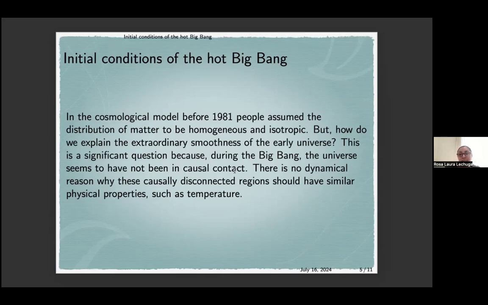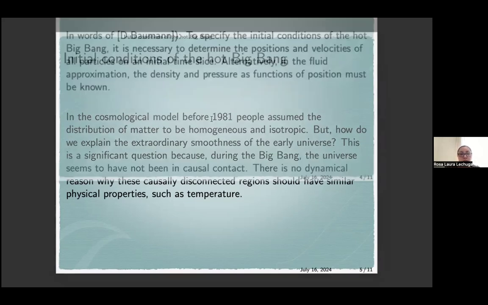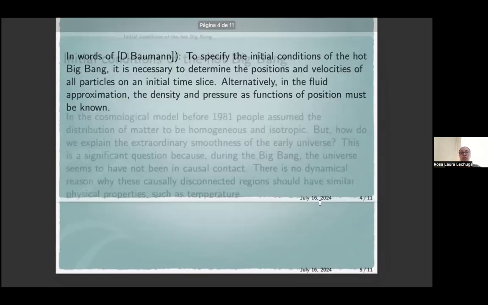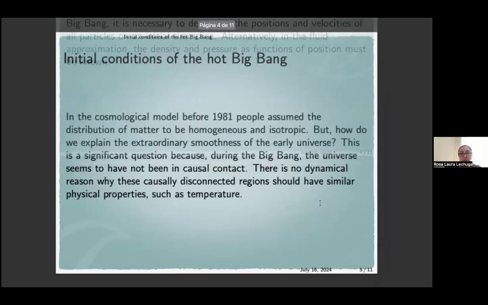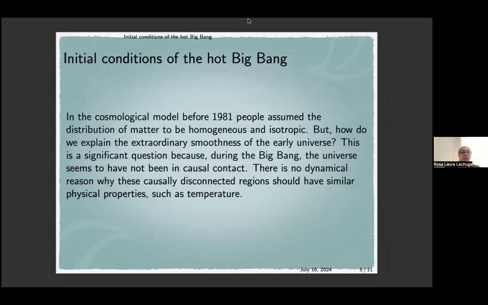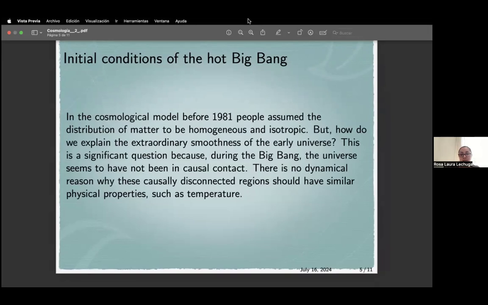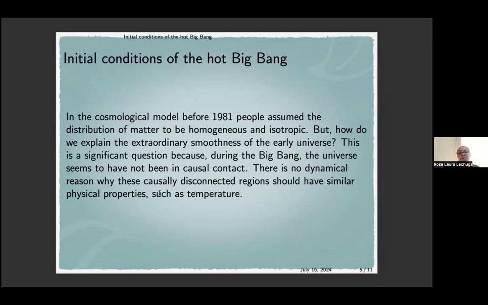For example, in this book, he tried to address that there is no dynamical reason to expect causally disconnected regions, because you can observe, for example, the temperature in the CMB, and they obtain an order up to 10 to the -5 in the difference between the temperature of two different regions.